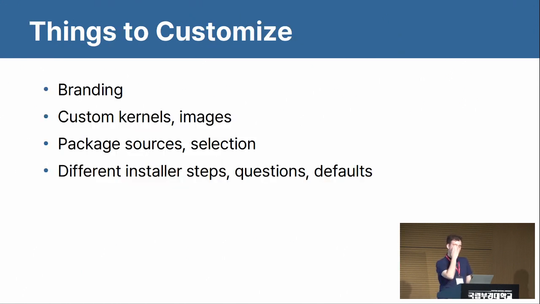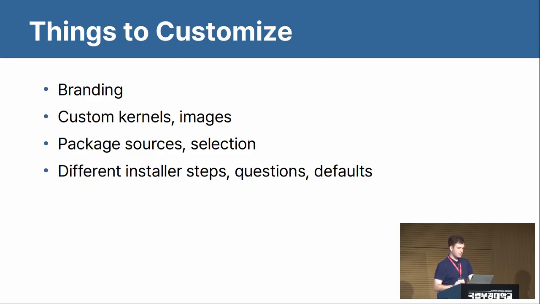There are things to customize for the derivatives and blends, which are branding, and for these weird devices, you usually need custom kernels and images. That's quite hard to achieve.